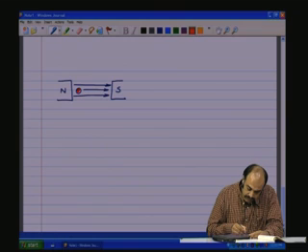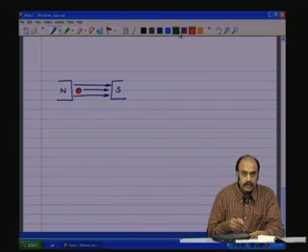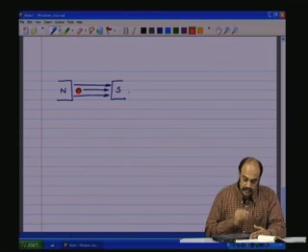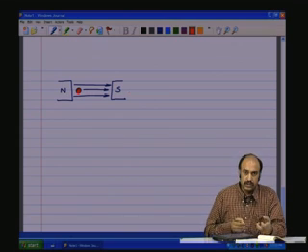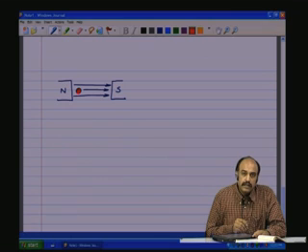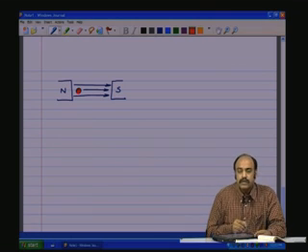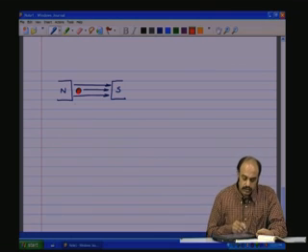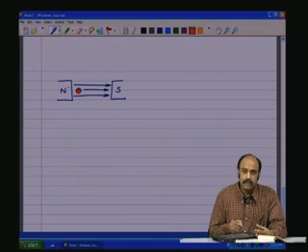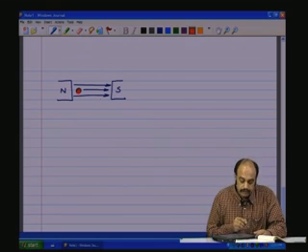Now, this conductor, if it is stationary, the field that is linking the conductor is also constant. There is no d phi by dt. So, as there is no d phi by dt, there is no induced voltage in the conductor, and therefore, there is no current flow in the conductor.